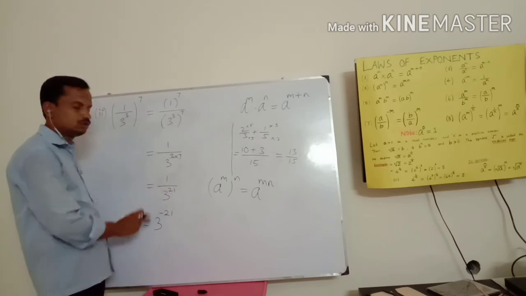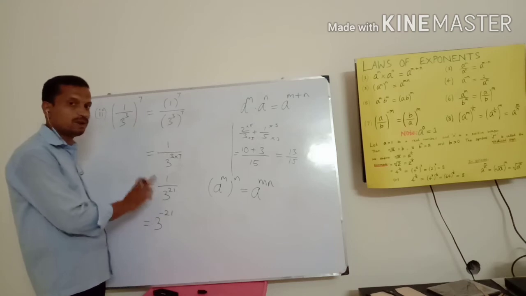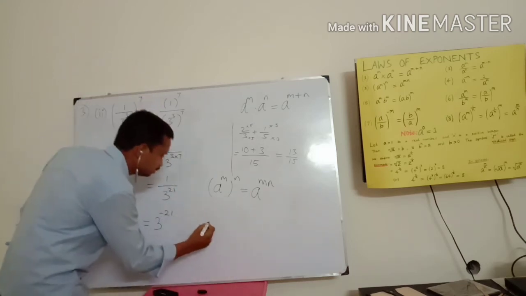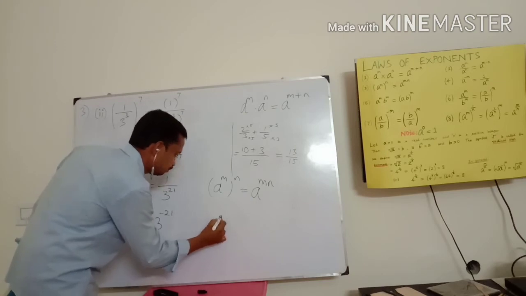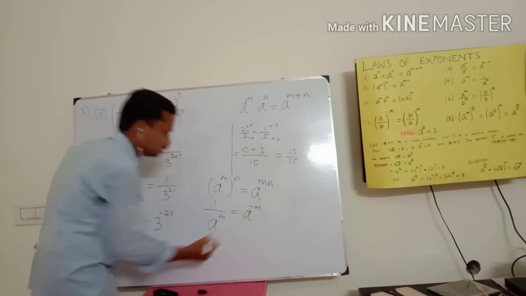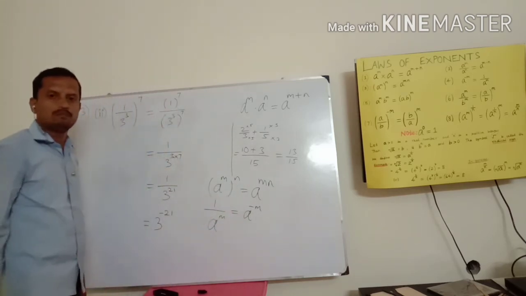So here 3 power 21, if you write like this, we get 3 to the power minus 21. So like that, 1 by a power m you can write as a power minus m. By applying this law, 1 by a power m is equal to a power minus m.